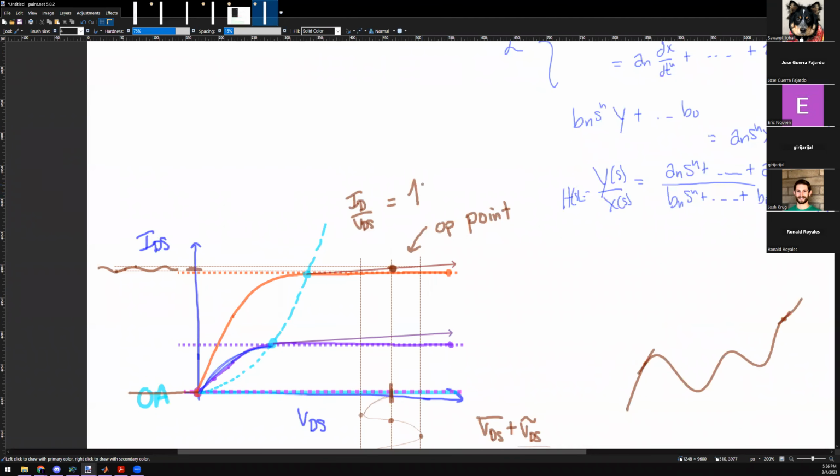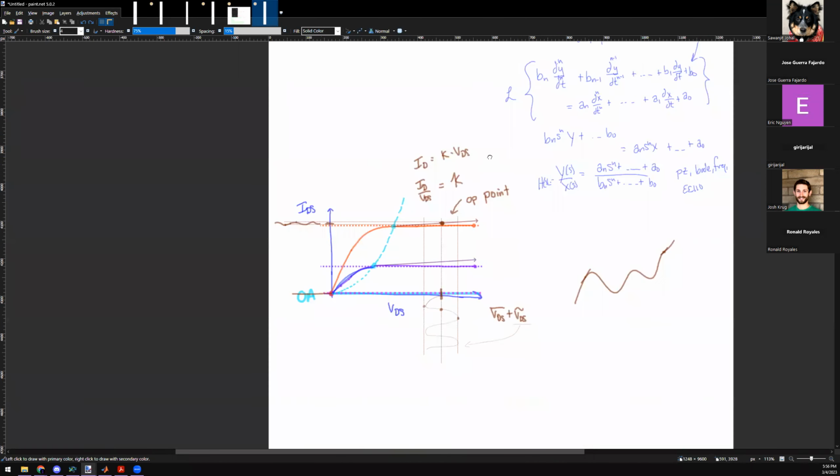And then I get a constant K, right? Does this constant K not tell me the relationship between ID and VDS? Just like a resistor, or in this case, a transconductor? Does this make sense? Yeah, it does. It tells me a gain, right?